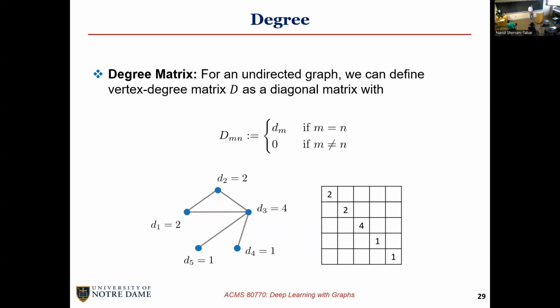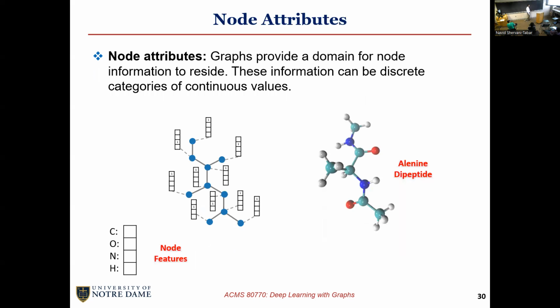So for this graph that we looked at, the first element is going to be 2. The 3rd element here had 4 neighbors, 4 connections. It's going to be 4, and so on and so forth. Only diagonal elements are represented with their degree. Everything else off diagonal is going to be represented with 0.